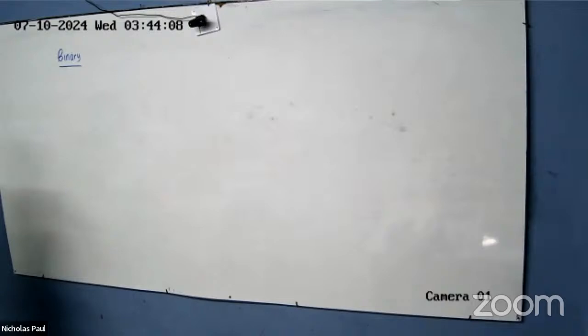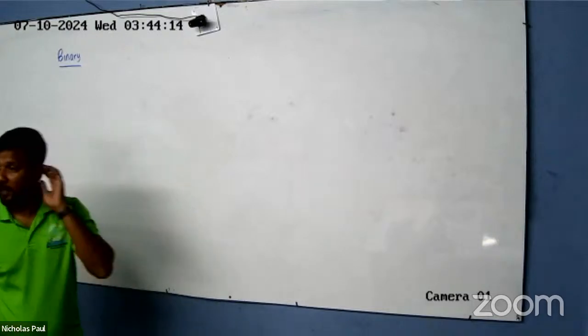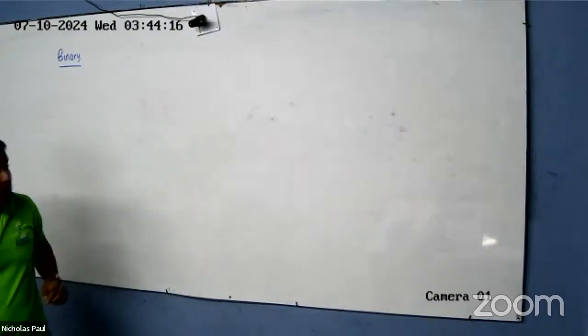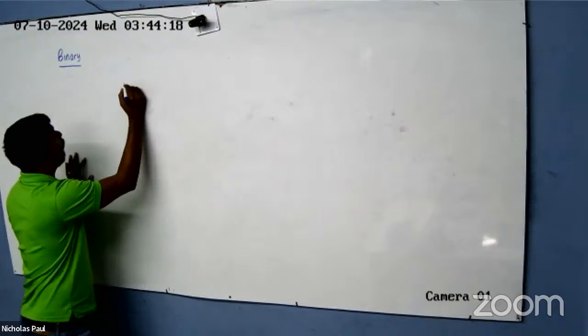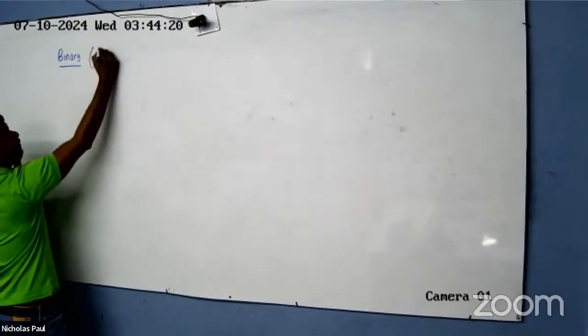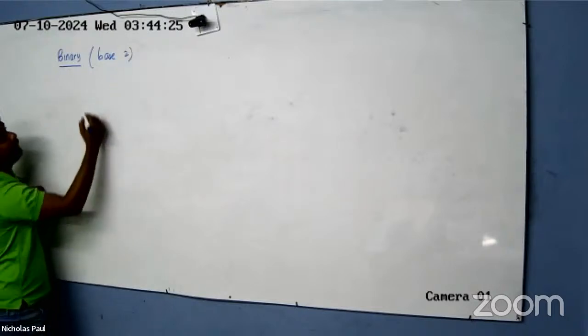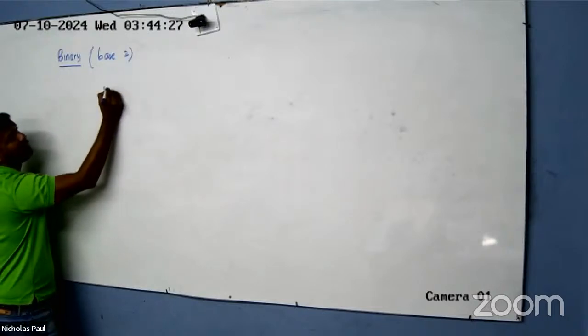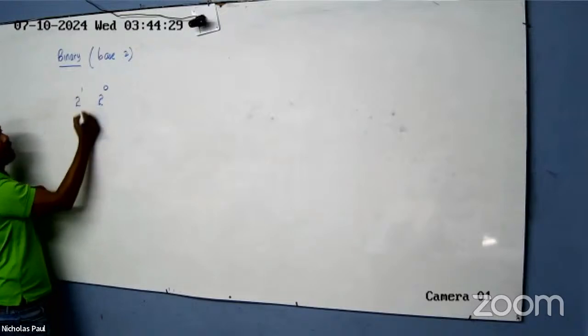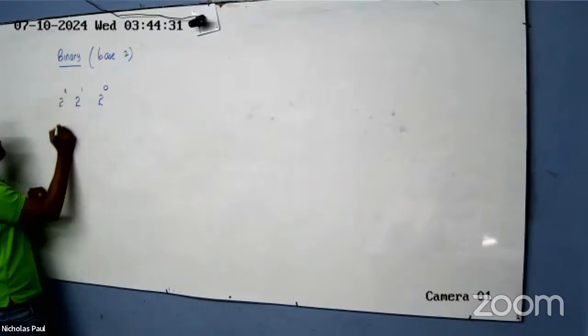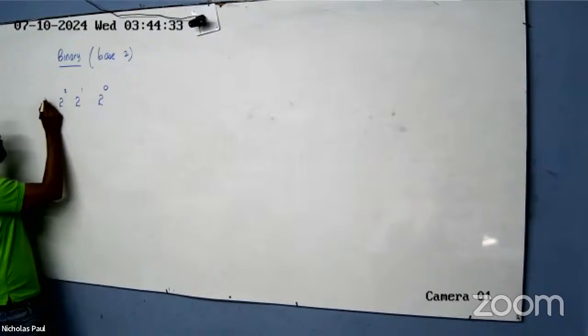Alright, so the next thing we're going to be able to do, I think people can do this already. We need to be able to work with binary, and then of course binary addition. One thing I want you to remember: binary is base 2. So you have 2 to the 0, 2 to the 1, and I will probably go up to 2 to the 3.